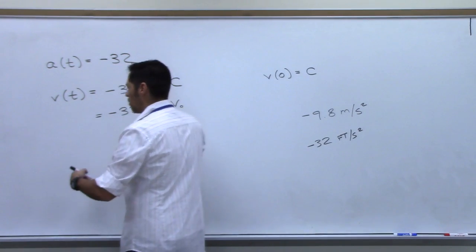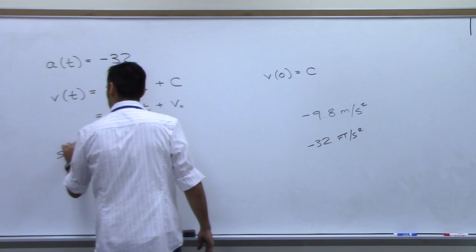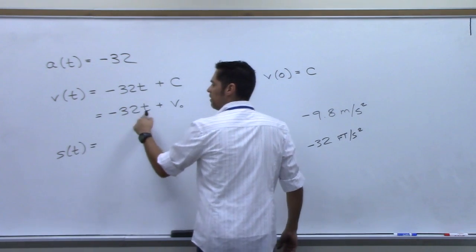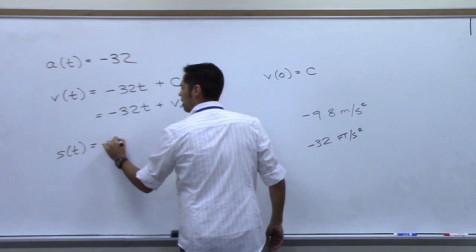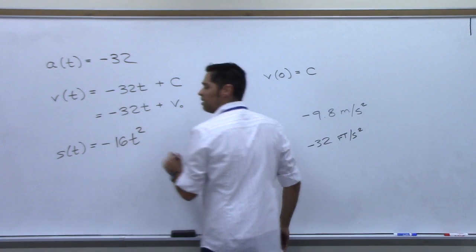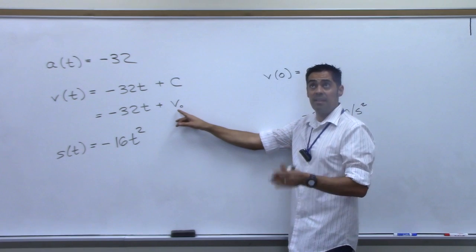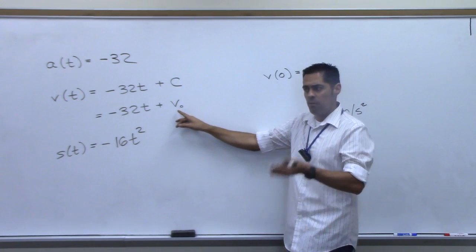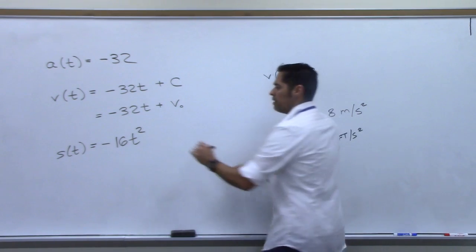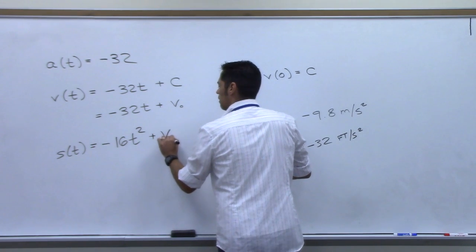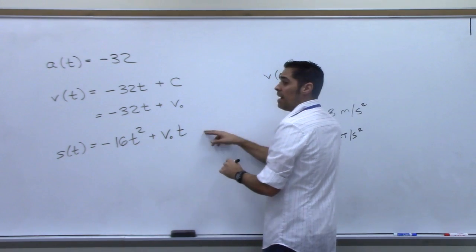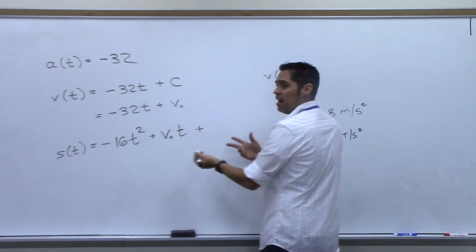Now, let's go backwards again. What's s of t? What's the antiderivative of this? Negative 16t squared. What's the antiderivative of a constant? So what's the antiderivative of 4? 4t. So what's the antiderivative of v naught? v naught t. But then I have to say plus another constant, right?